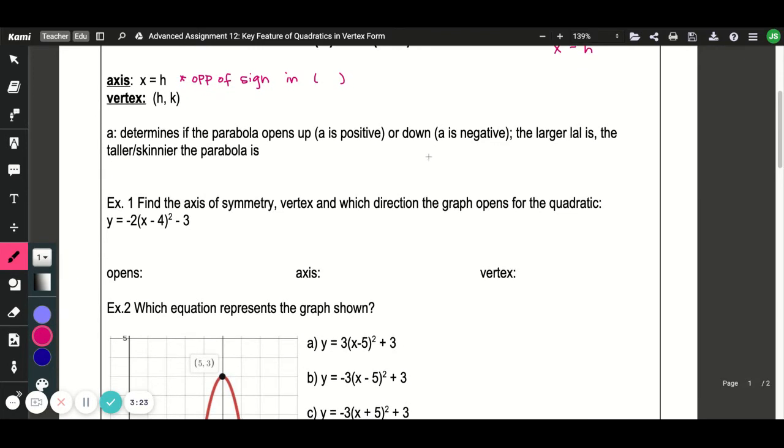So example 1 says find the axis of symmetry, the vertex, and in which direction the graph opens. To figure out which direction the graph opens, this is our A right here. And since A is negative, the graph opens down. I'm going to rewrite the equation since you can't see it now.